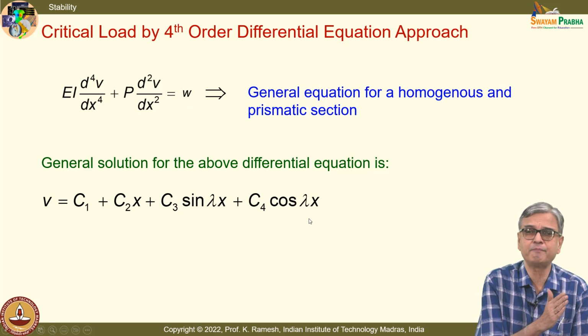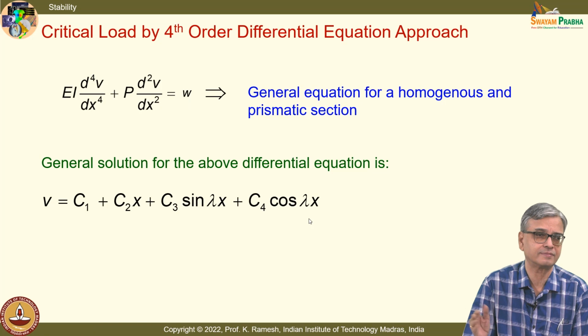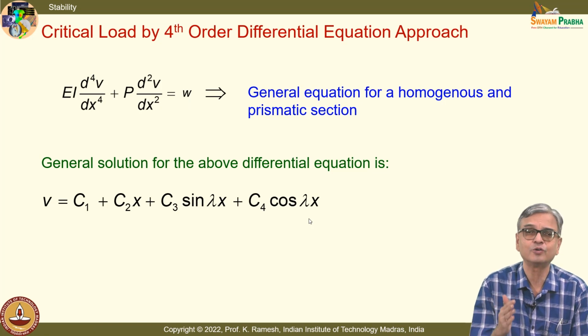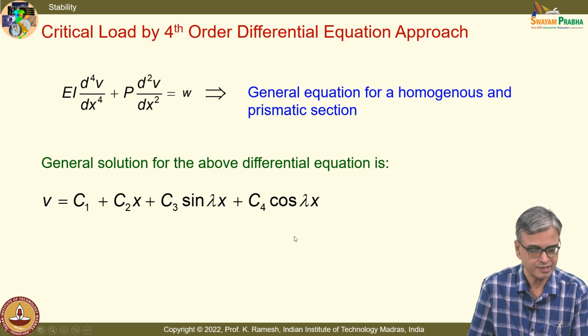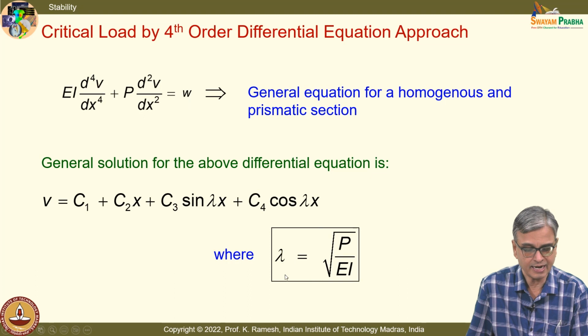And you have multiple boundary conditions. When you supply the boundary conditions, you are in a position to evaluate the constants C1, C2, C3 and C4, and solve this as an eigenvalue, eigenvector problem. And we have also simplified lambda, which is nothing but the square root of P by EI.